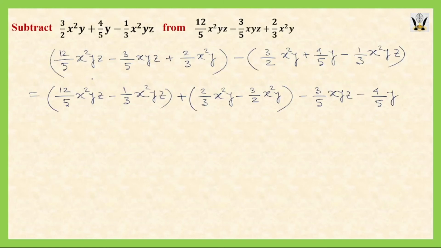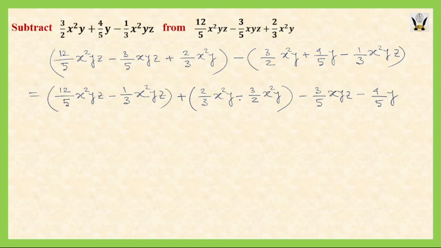So in the first algebraic expression we have x square yz term, and in the second expression also we have the similar type of term x square yz, so we have grouped them together. And then we have in the first expression x square y term, and the coefficient is 2 by 3, and in the second expression also we have x square y term, coefficient is 3 by 2, and since we are subtracting, we have considered that negative sign.